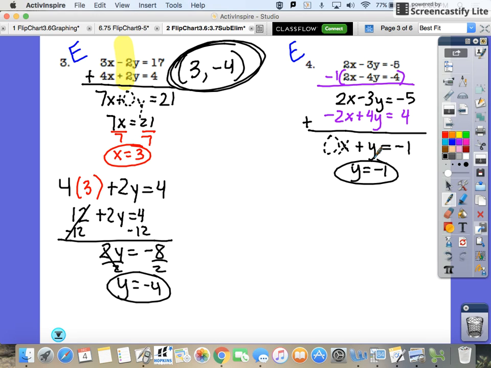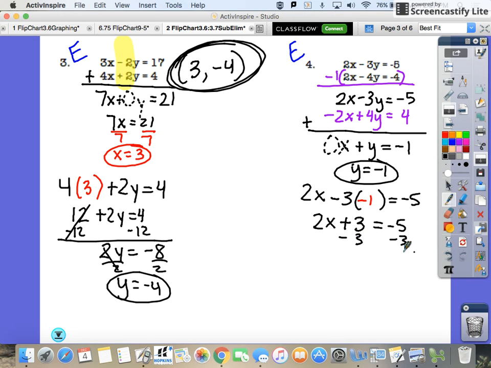Perfect. Now again, pick one to put it into. Always go back to the original, in case you made a mistake here, go back to the original in case you messed up. So I might go 2 times x minus 3 times y, which is -1, equals -5. So 2x plus 3 equals -5.